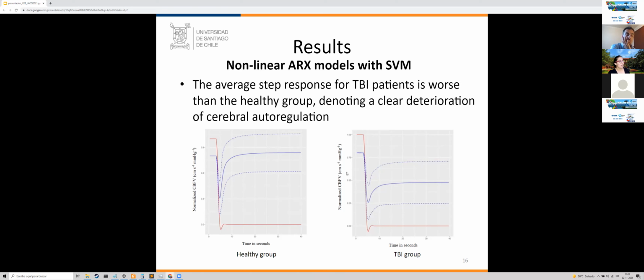There is a clear deterioration of cerebral autoregulation in the traumatic brain injury patients because the response is lower than the healthy ones. Okay, we have here the pressure drop, and the healthy group can recover quite easily to the baseline level, but the traumatic brain injury group doesn't have that ability to recover as well as the healthy group.